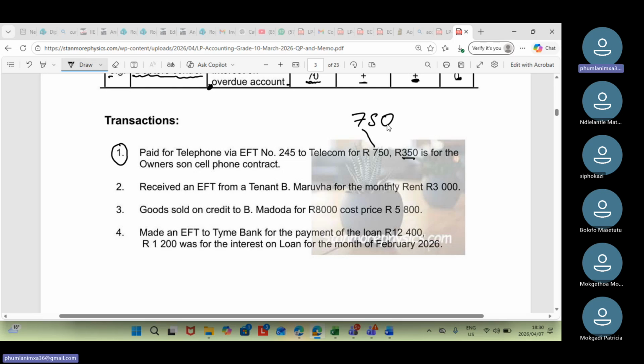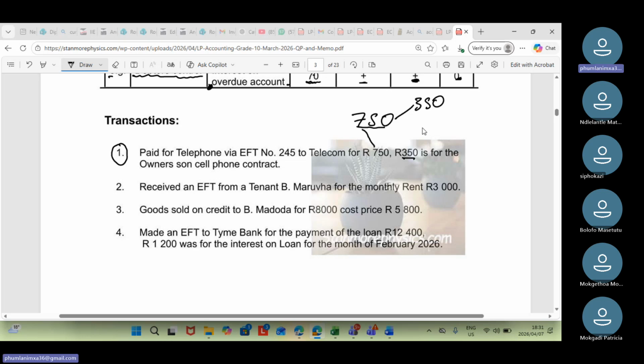But from the 750 telephone bill, we are actually paying 350, which is divided to the owner, where now we are paying for the owner's son for personal use.